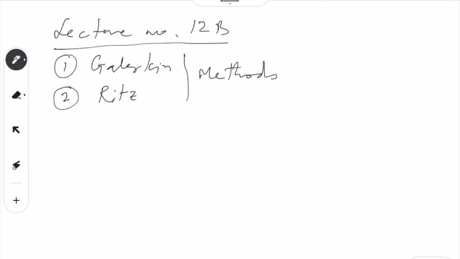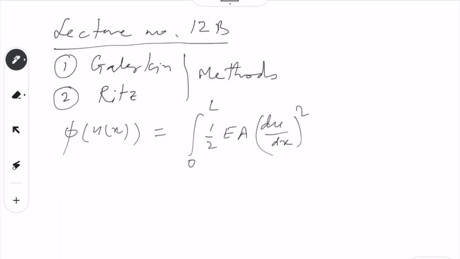So basically, like in the previous lecture video we had the potential energy expression and we wrote it something like this: integral from 0 to L, then a half, then E A, then we had (du/dx) squared dx, and then we had the work.